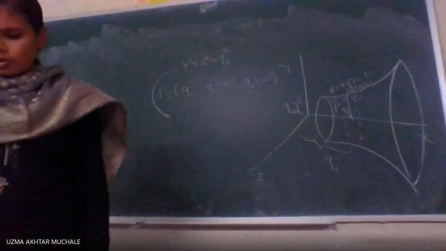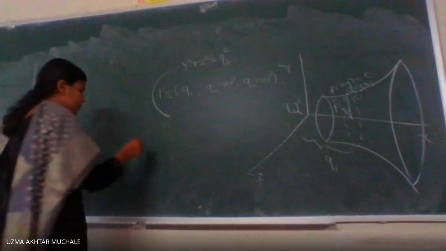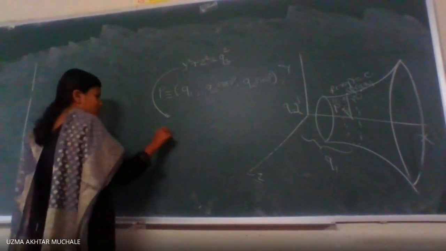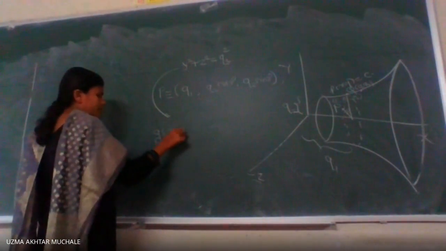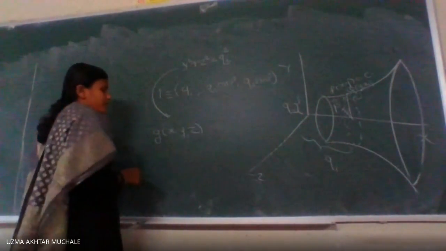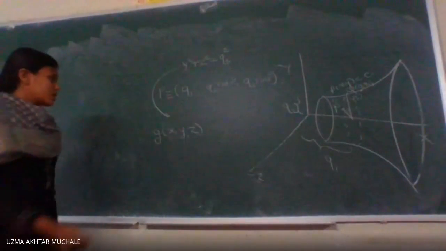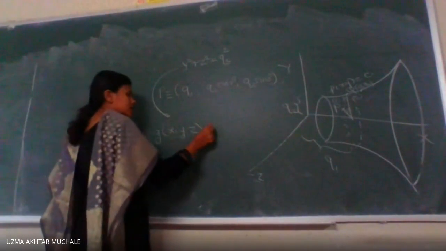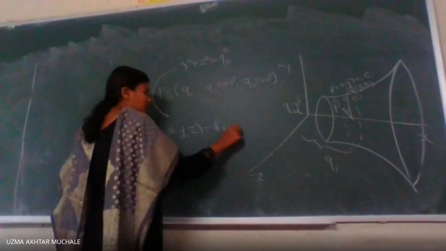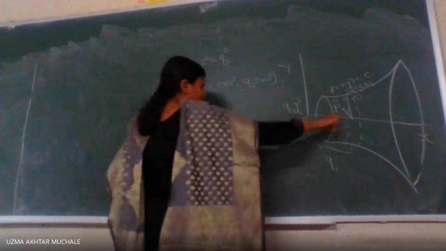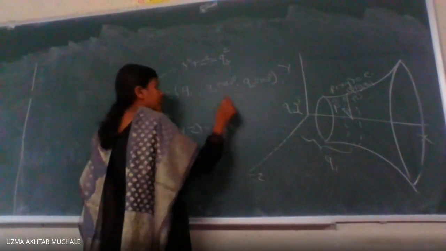Okay. So now how you can write down the equation of a surface g of x y z. Now as initially we have f of x y only. So what will be g of x y z? It is nothing but f of x as it is because there is no change in x. What will be y? Y will be the change.